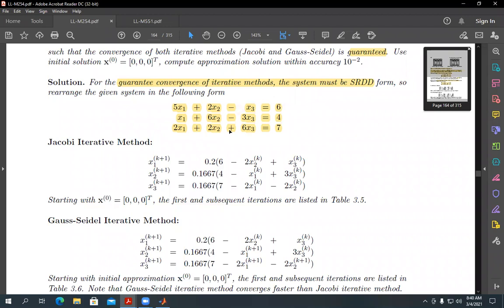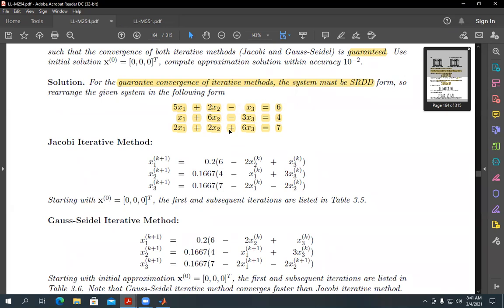But when it is STD, they definitely converge. But you remember, if a method converges, we have to check whether it converges slowly or fast. STD never gives you any idea whether it is slow or fast. It only gives you the condition of convergence or not.